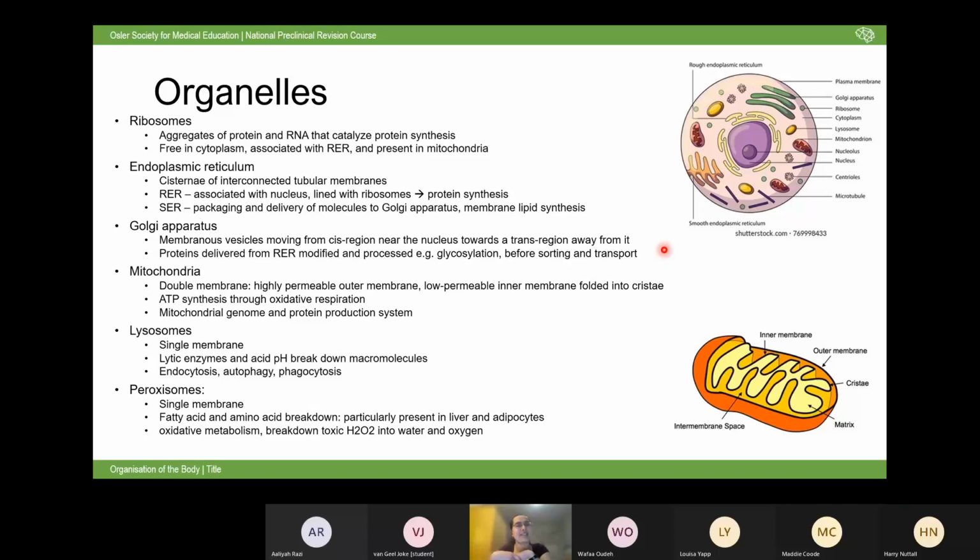So moving on to mitochondria, the most important thing you need to know is that there's the double membrane, as you can see in the little cartoon.